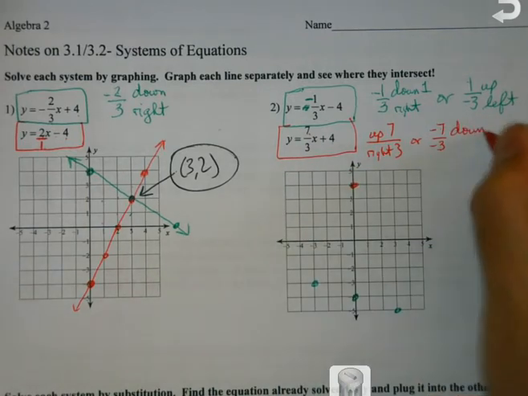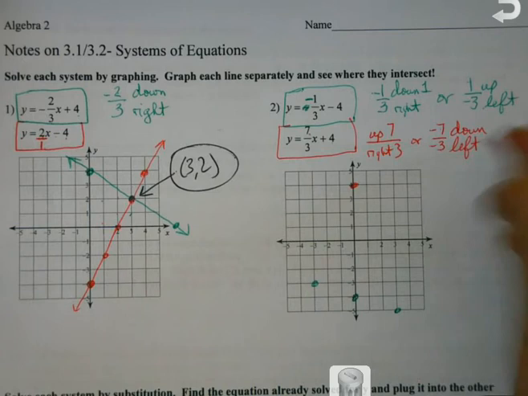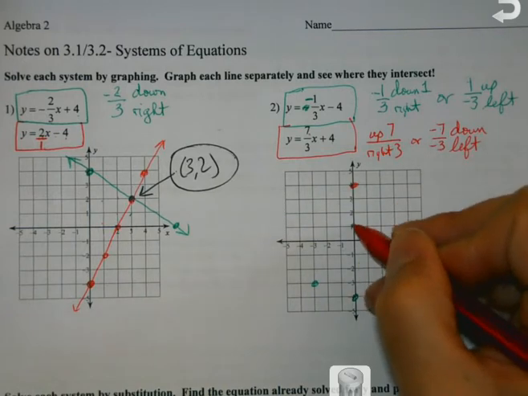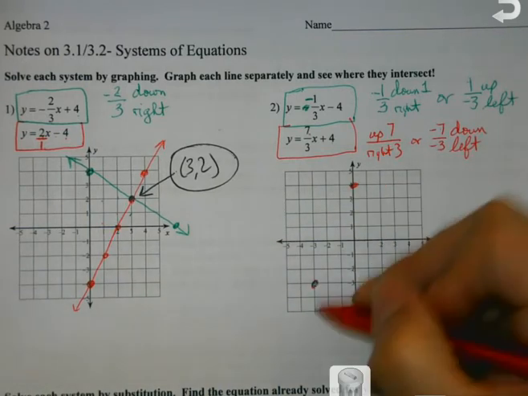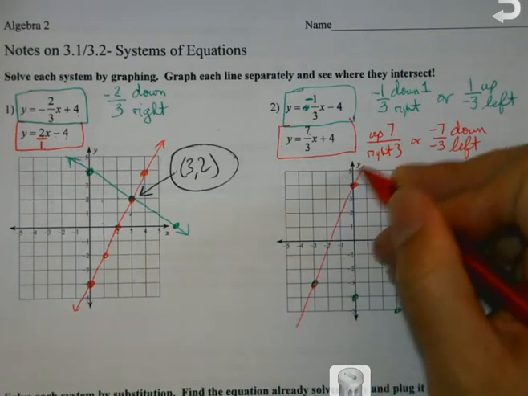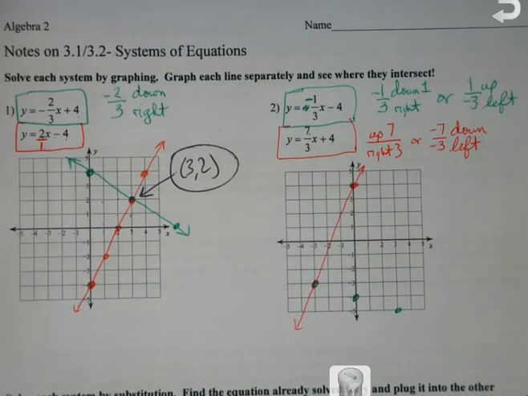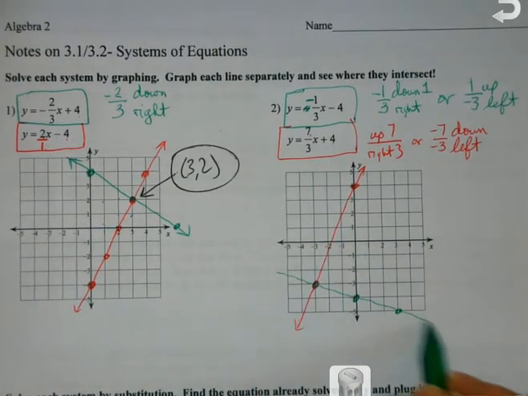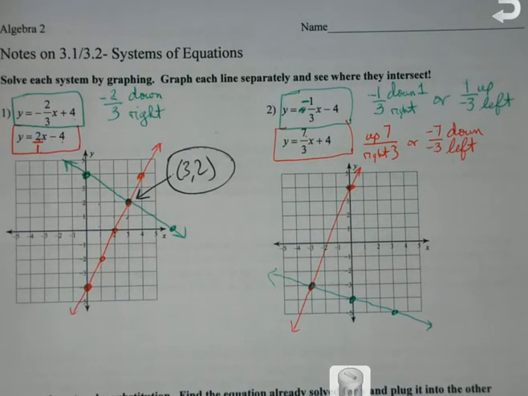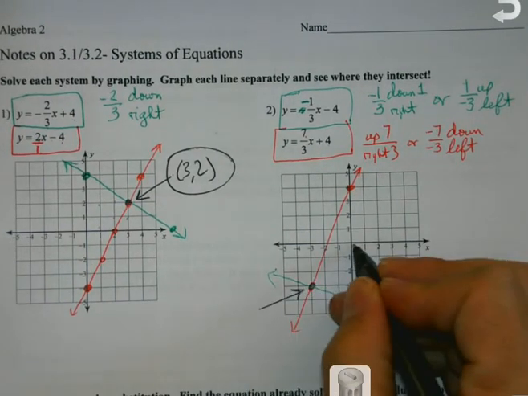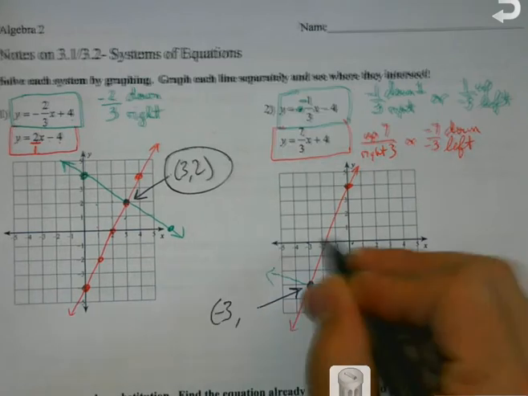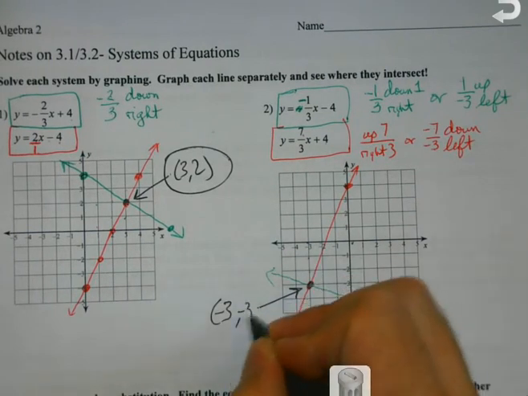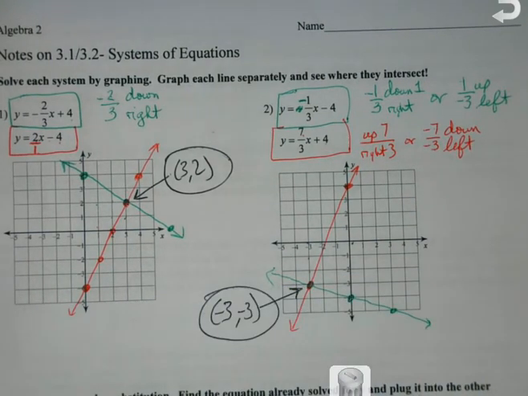So I can go down 7 and left 3. 1, 2, 3, 4, 5, 6, 7, 1, 2. See, there's that extra dot we made. It paid off. Because now we see where the intersection is going to be. So we have to be able to be flexible with these. And my point, again, we always do the x value first, then the y. Well, in this case, they're the same. But that's how our graphing is going to go.